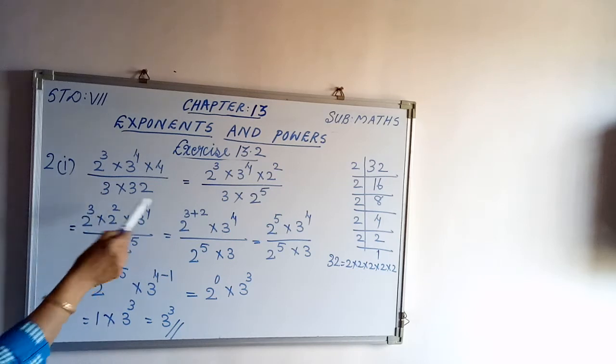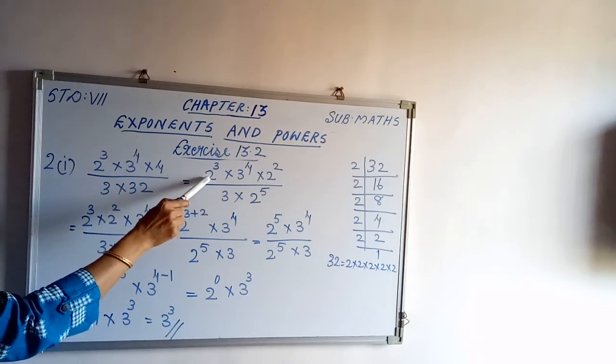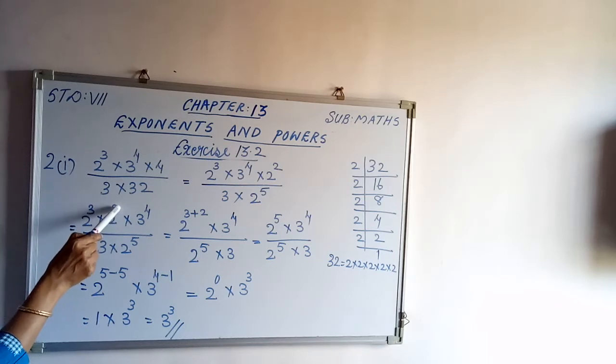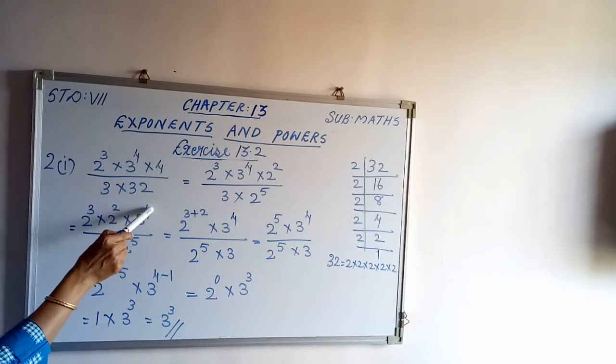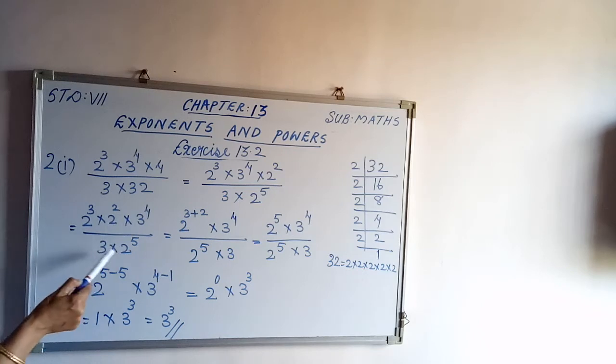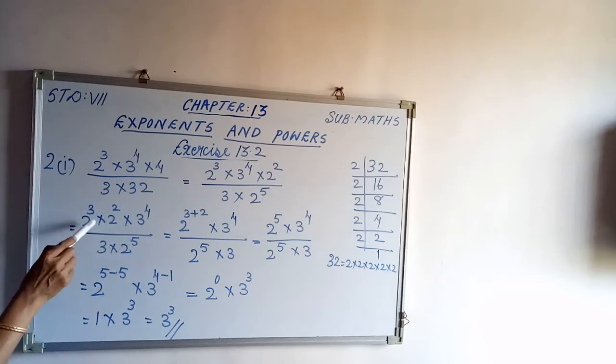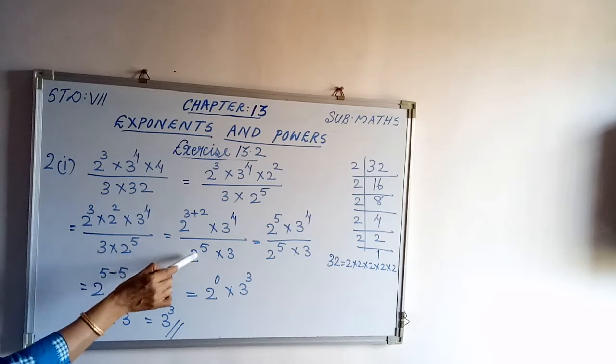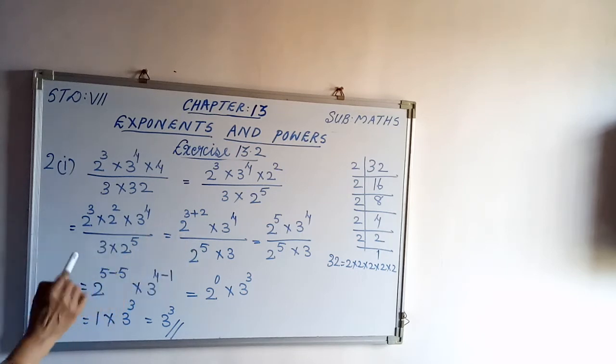Now here I arranged with the base 2: 2 raised to the power 3 multiplied by 2 raised to the power 2 multiplied by 3 raised to the power 4 upon 3 into 2 raised to the power 5. Here same base, 2 raised to the power 3 plus 2 multiplied by 3 raised to the power 4 upon 2 raised to the power 5 into 3.